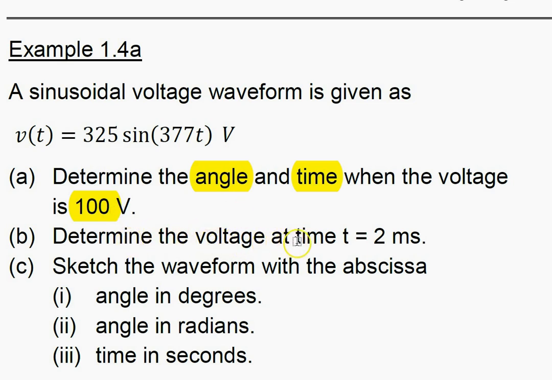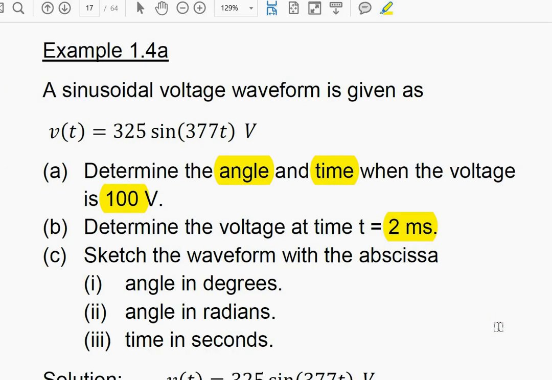We also want to determine the voltage when the time has passed to 2 milliseconds. And finally, to sketch the waveform with the abscissa in angle in degrees, angle in radians, and finally time in seconds. Let's see how we are going to do that.